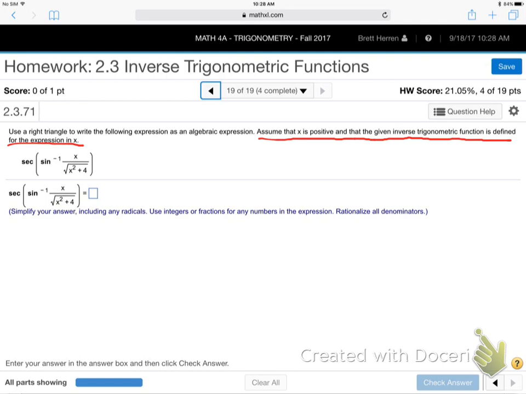Okay, so let's try this one. We start here, and we call the inside theta. Give it a name. Call it theta, right? So that means the sine inverse of x over the square root of x squared plus 4 equals theta.